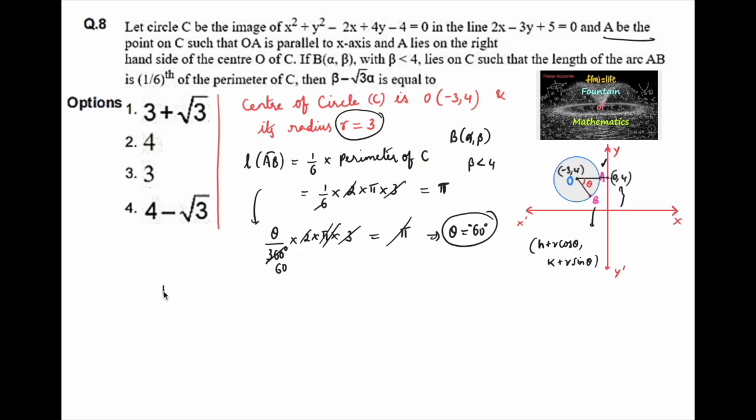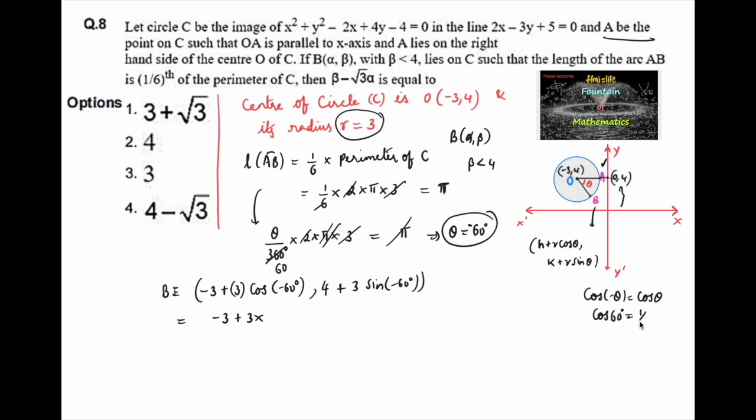So we take the point B: h plus r, that is minus 3 plus 3 units into cos of minus 60 degrees, and k plus r, that is 4 plus 3 times sine of minus 60 degrees, which is equal to minus 3 plus 3 times cos of negative theta is equal to cos theta, and cos 60 value is 1 by 2.